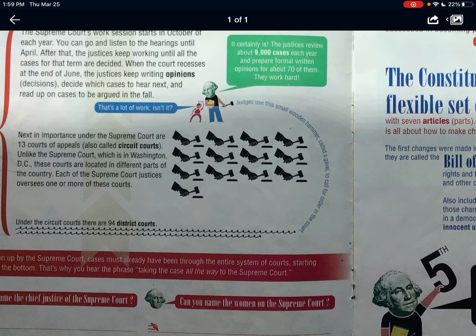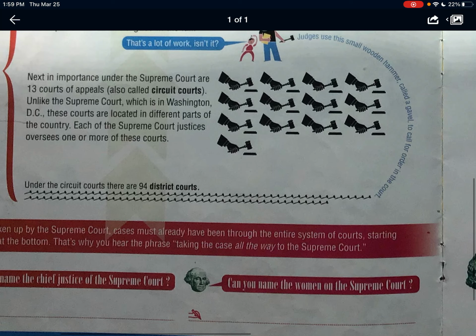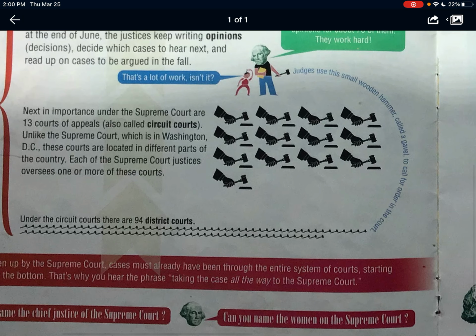In the court system, first you have what's called circuit courts. Well, let's back up. First of all, we have what's called district courts. There are 94 district courts across our country. Now, these are federal district courts. These are not state, federal. Then, above that, we have 13 courts of appeals.